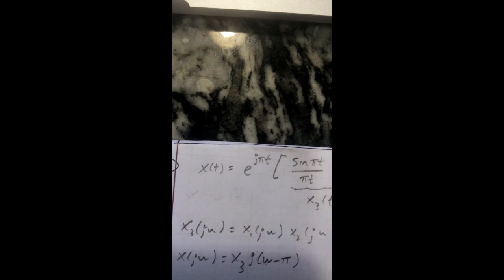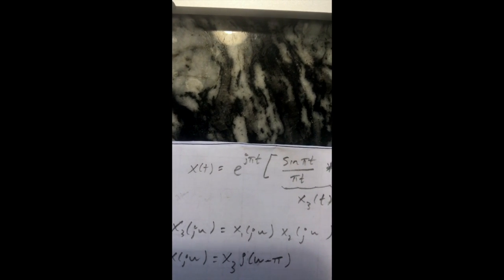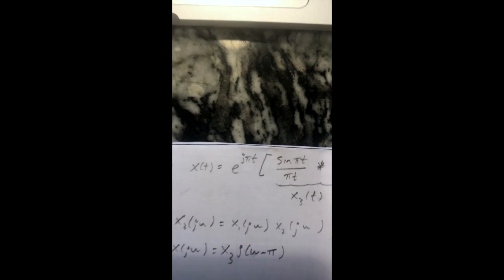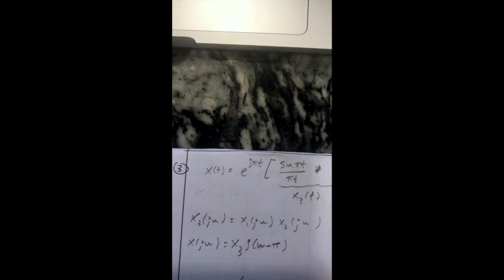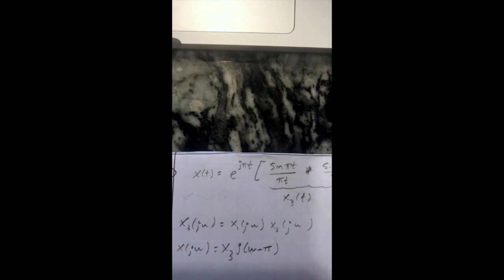Now, x3 of j omega is equal to x1 of j omega times x2 of j omega. That we've established. Now, what we want is the actual x of t shifted by that pi, right? So, x of j omega is going to equal x3 of j omega minus pi, because we're shifting it by the pi, e to the j pi t.